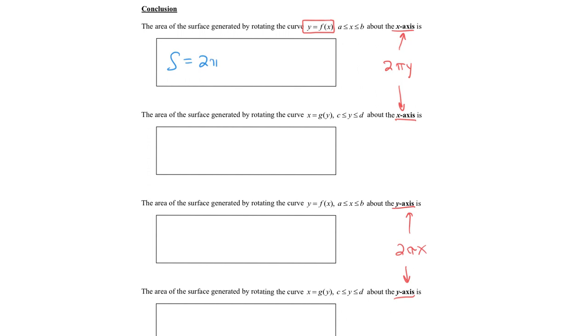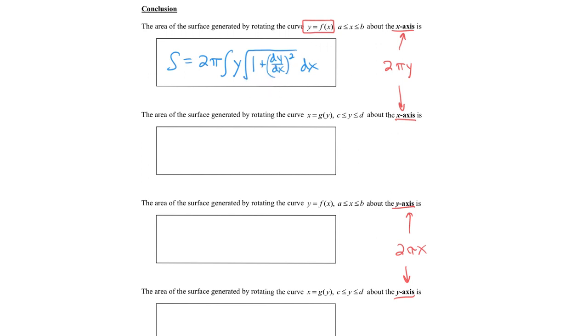Now I'm going to pull that out in front of the integral sign. So you got 2 pi. Now we know we've got a y here, so we've got y, and then we need ds, right? And ds is the square root of 1 plus (dy/dx) squared dx. And I'm using this version of ds because we've got y as a function of x.